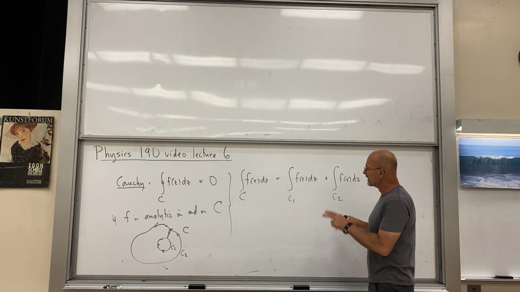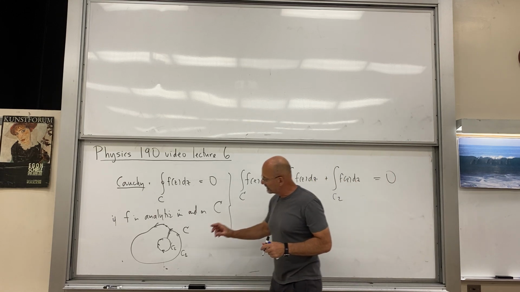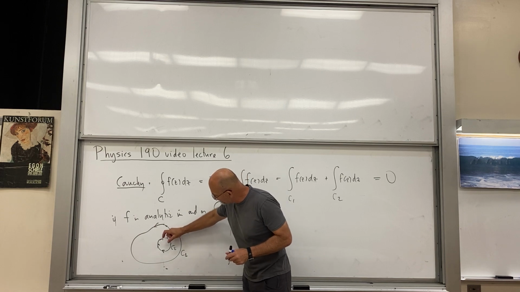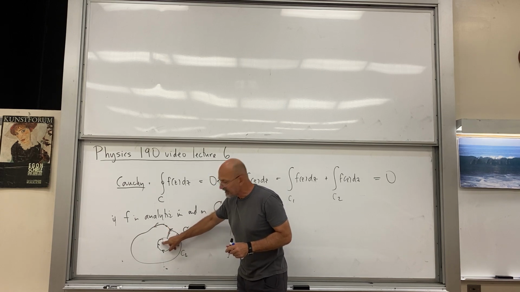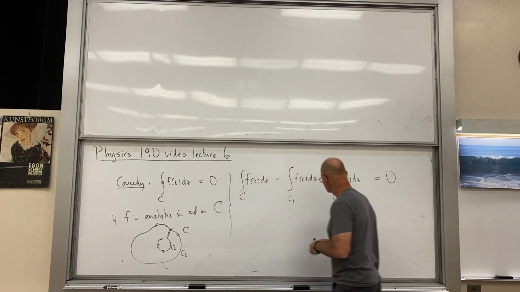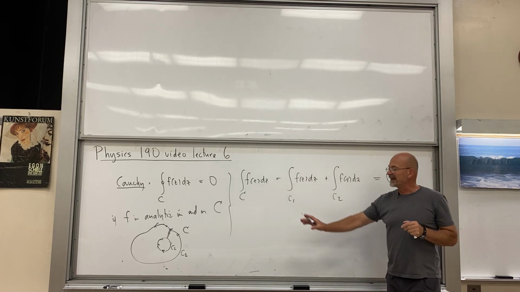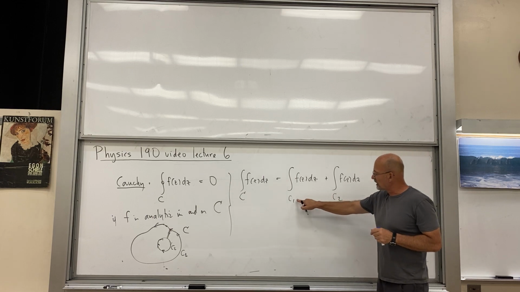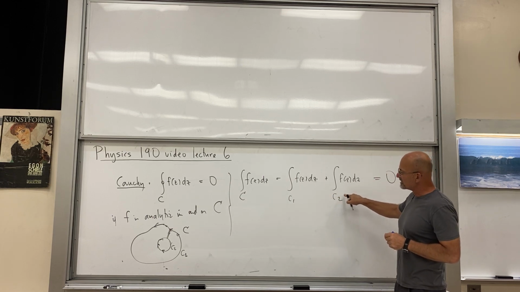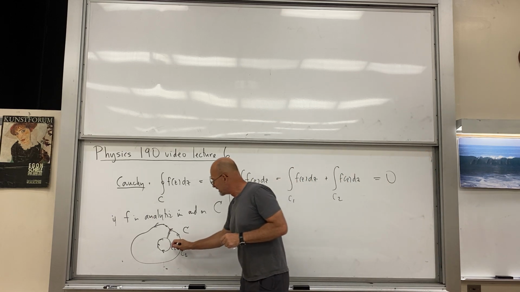And the inside one, what we're going to see in our next theorem, you often just squeeze it down to an infinitesimal little circle. So you've got to be careful with the orientations. So these two contours include their orientation, and this one here is oriented clockwise.